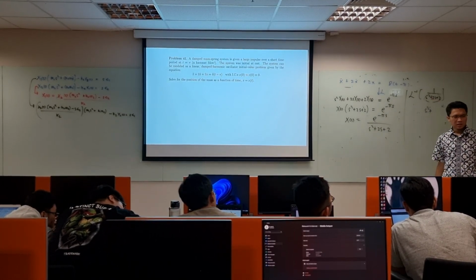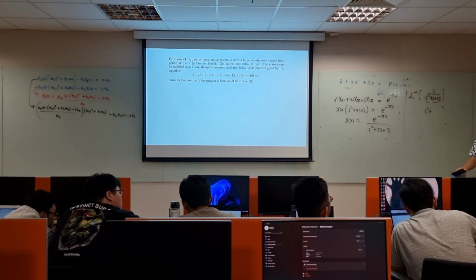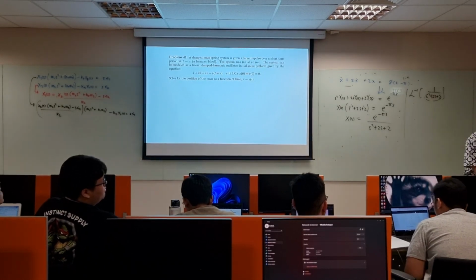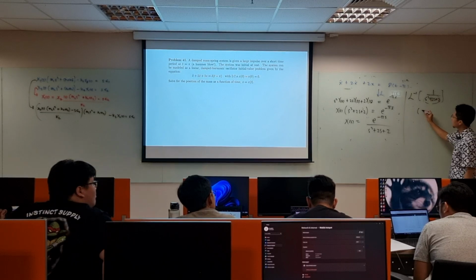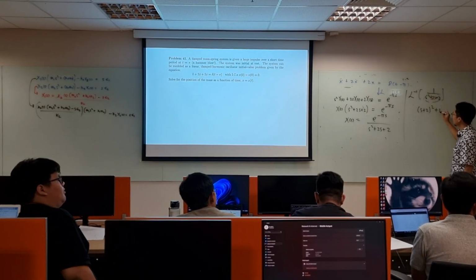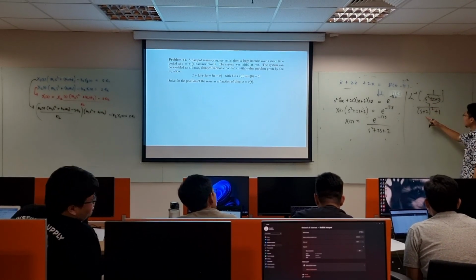Does it have a Laplace transform pair? Yes. Which part? Show me. s square plus 2s plus 2 is (s plus 1) square plus 1. One over this one? Yes.